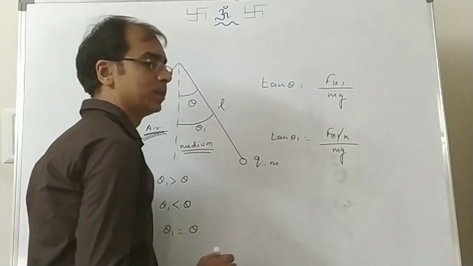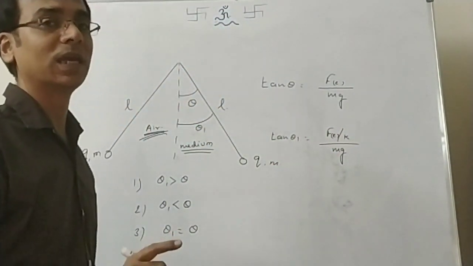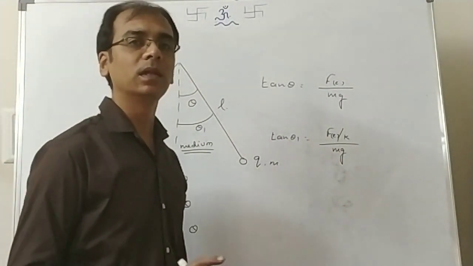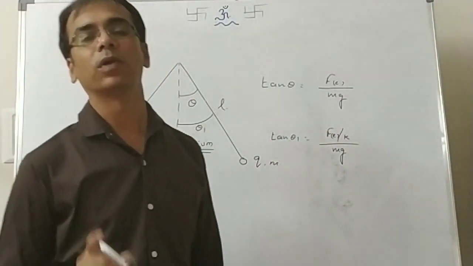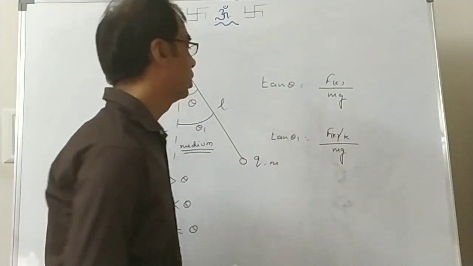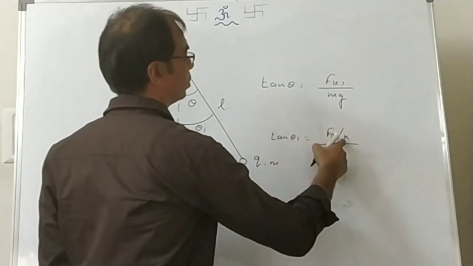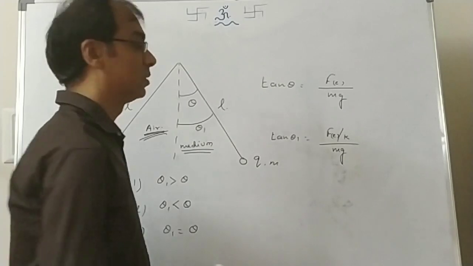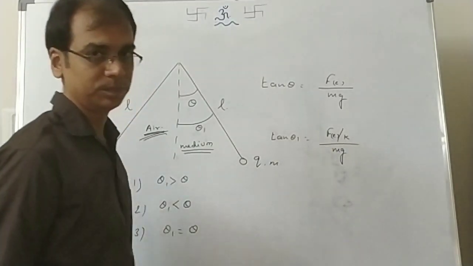The electrostatic force becomes 1 by k times, and we know that k cannot be less than 1. For air and vacuum, k is 1, but for any other medium, k is definitely more than 1. So the electrostatic force is going to decrease, whereas mg remains the same.